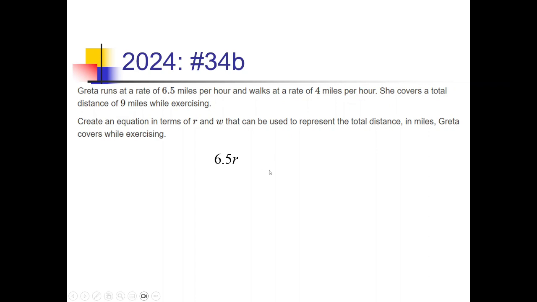Using the same kind of reasoning, the distance spent walking is going to be her speed walking, 4, times the amount of time spent walking, which we're representing again with W. So we can write plus 4W. And again, if I add up these two things that are distances, I should get that total distance of 9 that they said she made. So there's our equation, 6.5R plus 4W equals 9.